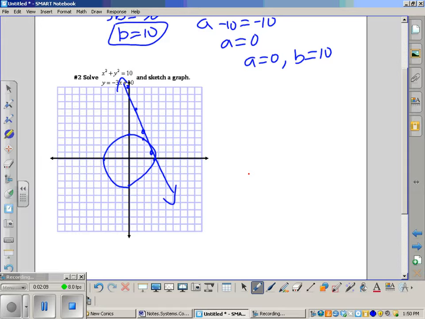So we're going to take what we know y is, and we're going to substitute. So there's made our substitution. And I know you guys can do this. You've been doing well all year on this.